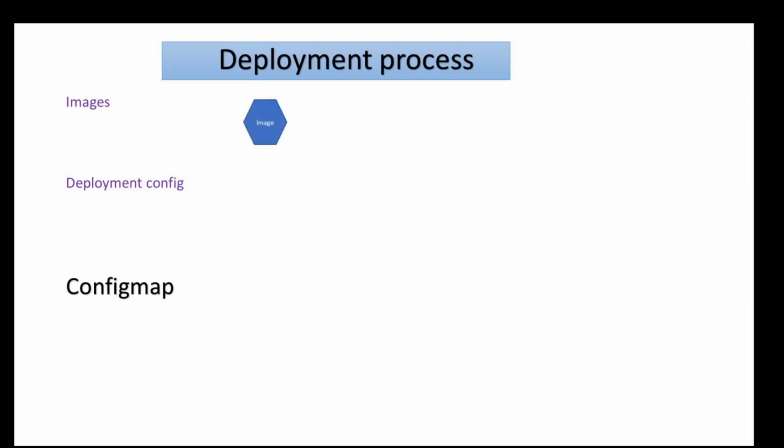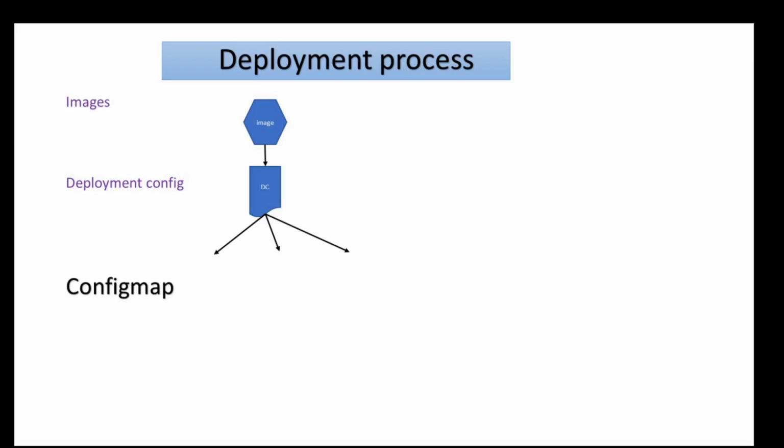So I have an image, and the image will be called through your deployment config. In the deployment config you will specify the image location where it has to come from, right? But since you have 3 different environments, the application will work in a different way in each of those 3 environments.